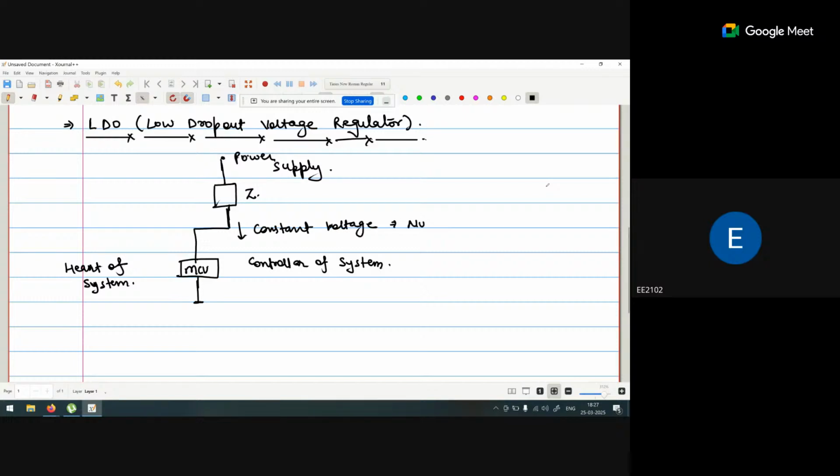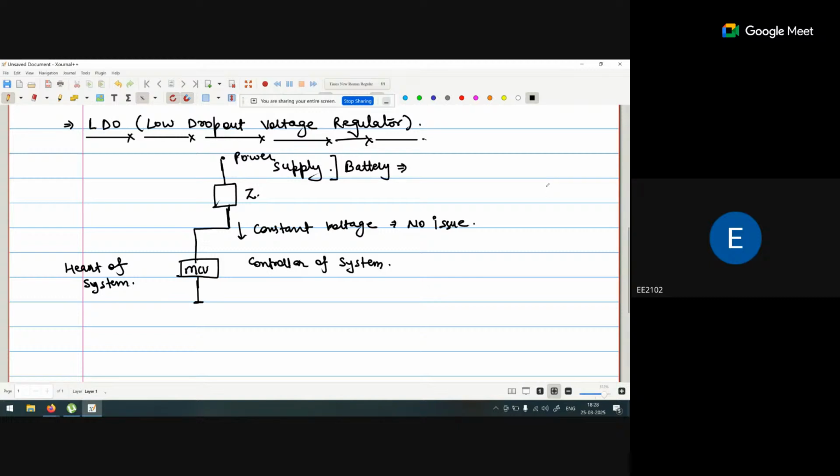that means no issue. But the thing is that this constant voltage is not possible. Ideally, the constant voltage is not possible. Why? Because a power supply is nothing but a battery.